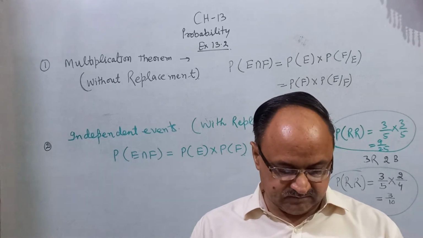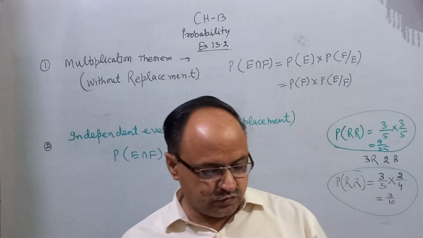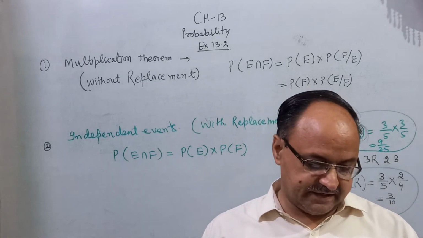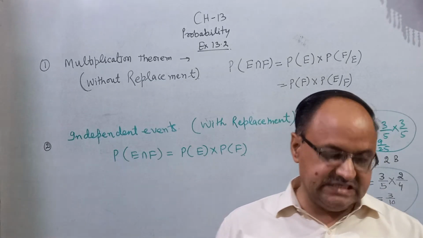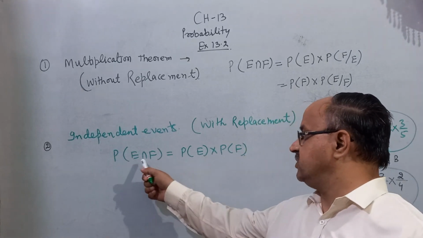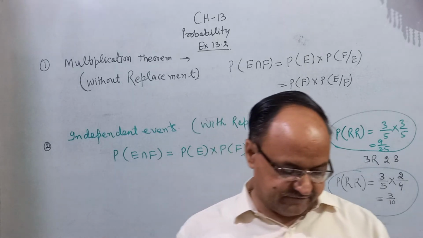Correct? So if E and F are two events associated with some random experiment, then E and F are said to be independent if probability of E intersection F is equal to probability of E into probability of F. Clear?